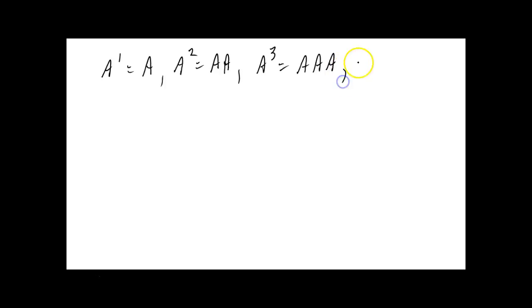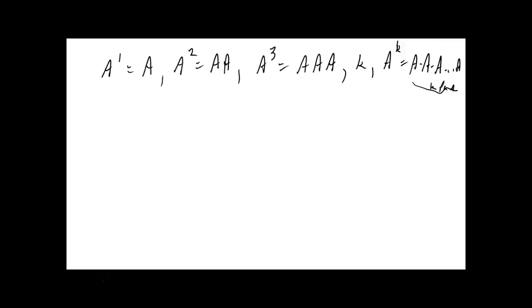So that for any positive integer k, A to the kth would be A times A times A, and you would just have k factors. Multiply them all out.